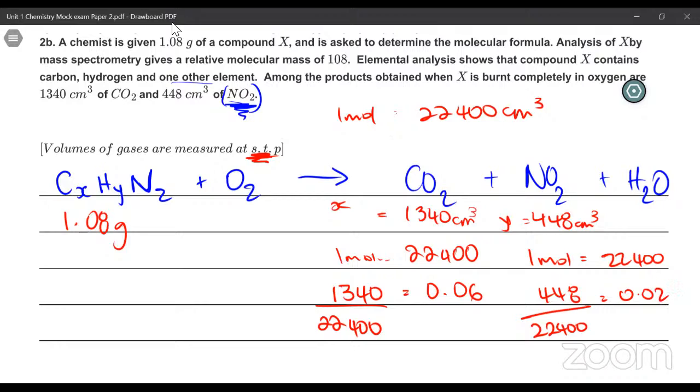And you can also find the mole ratio for the unknown compound, because we know that 1 mole of the compound is equal to 108 grams, seeing that the molecular mass is 108 grams. Thus, let's say z is equal to 1.08 over 108, and that would give you the answer for that.